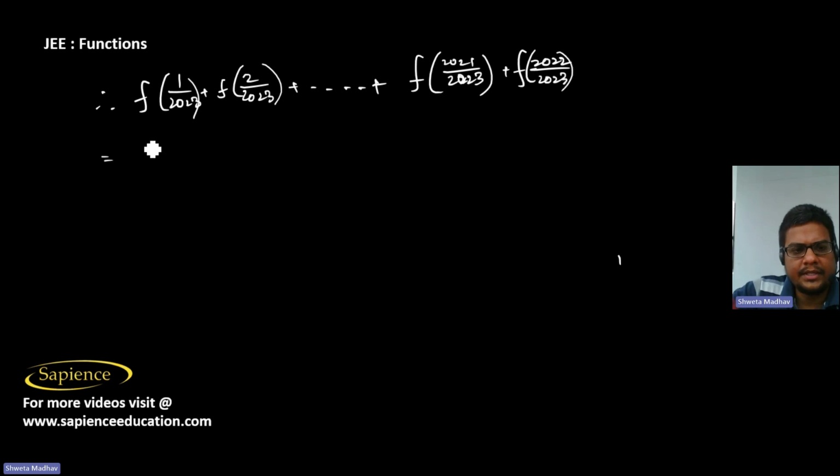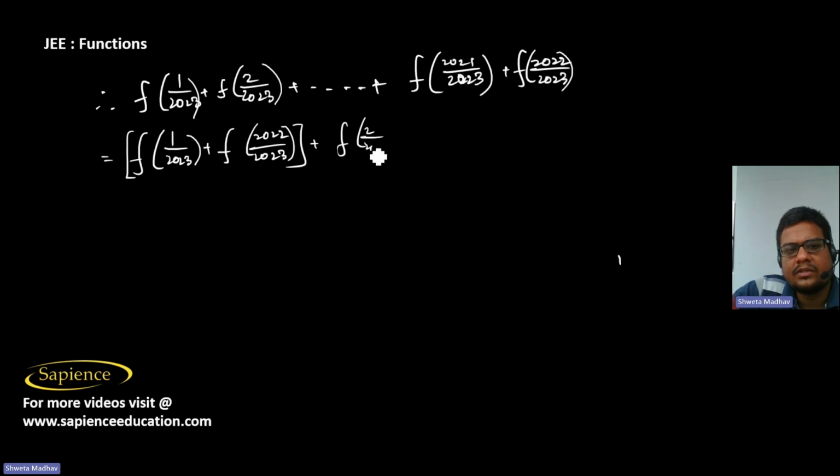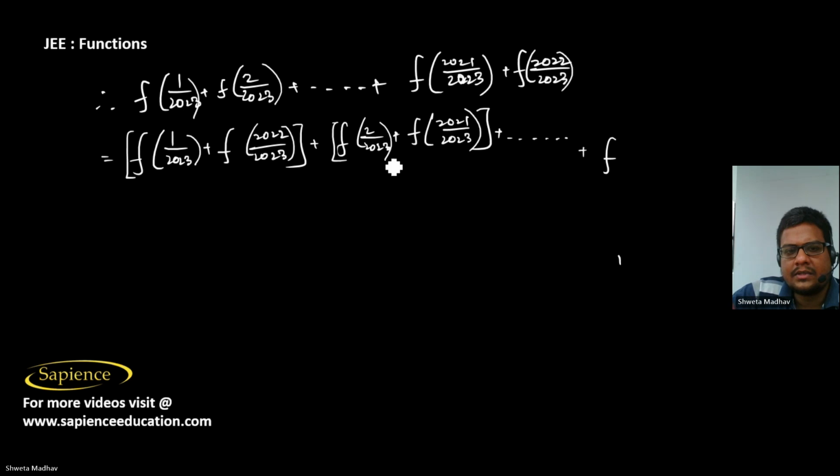So this will be equal to, this is f of 1 by 2023 plus f of 2022 by 2023. So this will be 1, plus similarly f of 2 by 2023 plus f of 2021 by 2023. So this sum will also be 1. And similarly it will go till half.